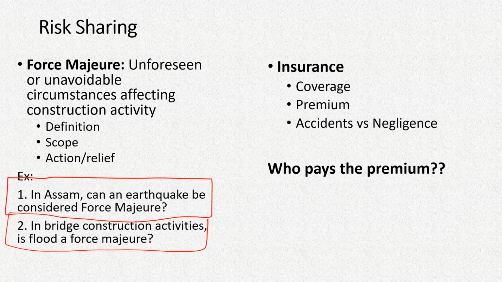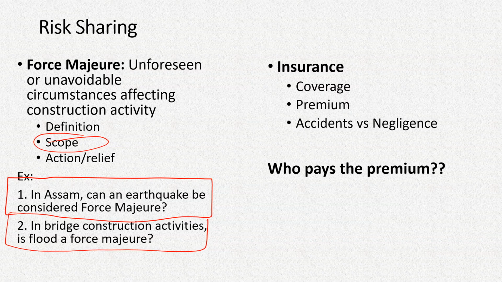Similarly, in case of an earthquake as well, what kind of an earthquake can be considered force majeure? And the scope of this force majeure clauses will also have to be very clear.